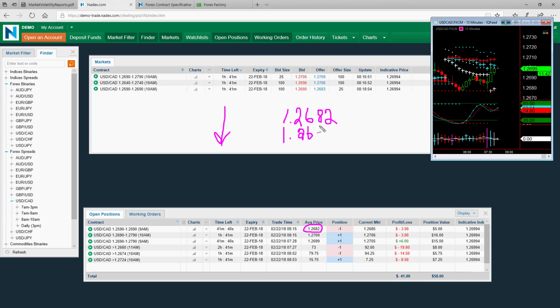If we subtract this out, that gives us a 62 pip move. Each pip is worth $1, so that gives us a total profit of $62.